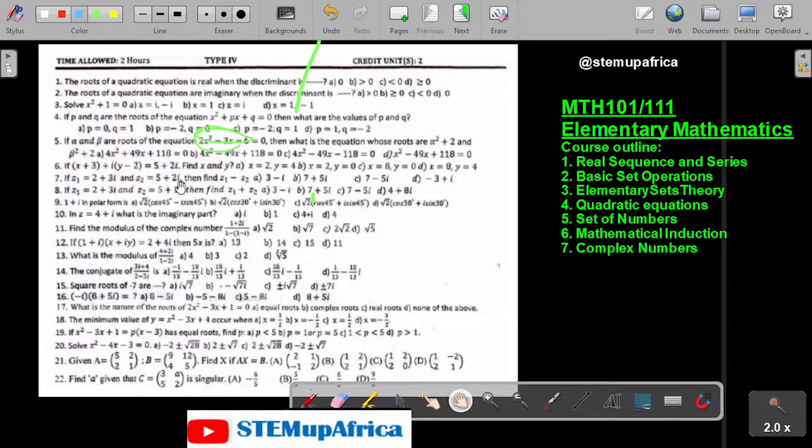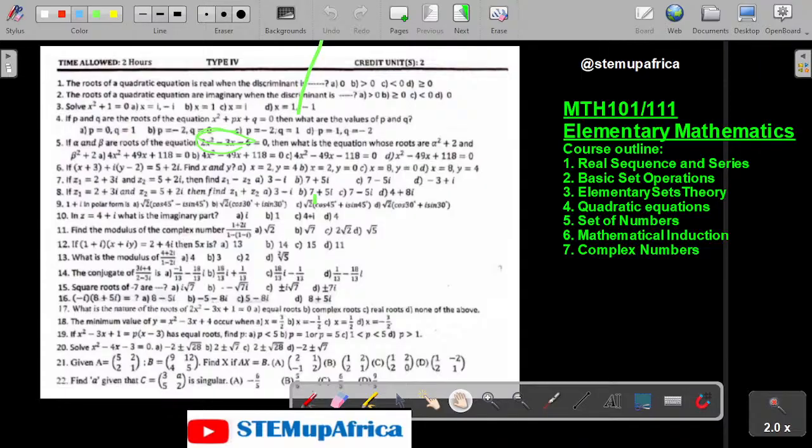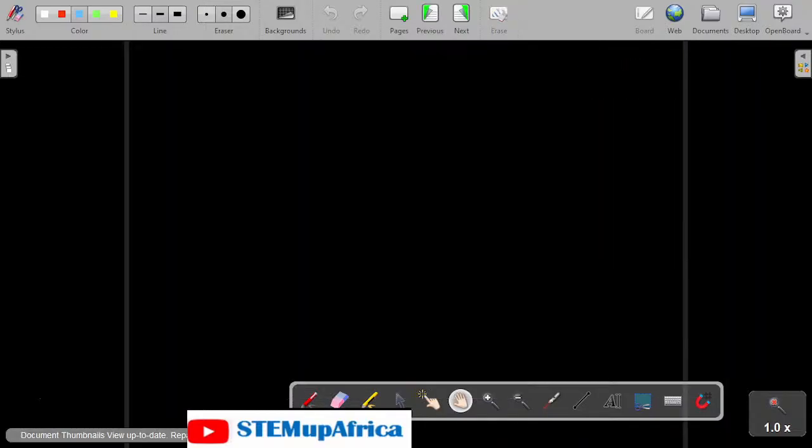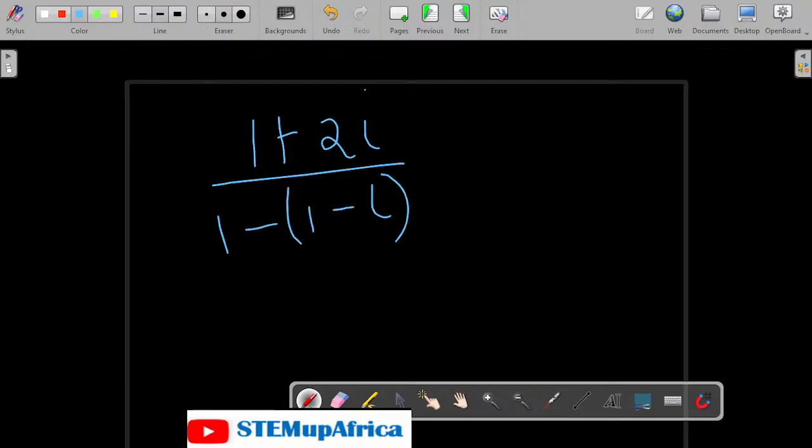We are given (1 plus 2i) over (1 minus i). So what I will do in this case, I will let the minus sign in the denominator open the bracket.